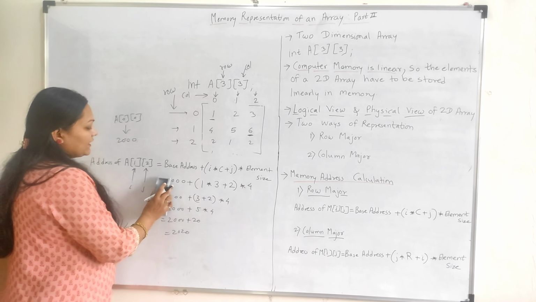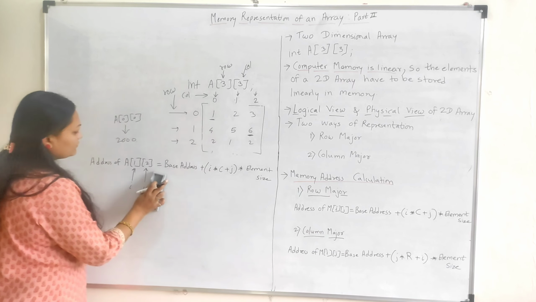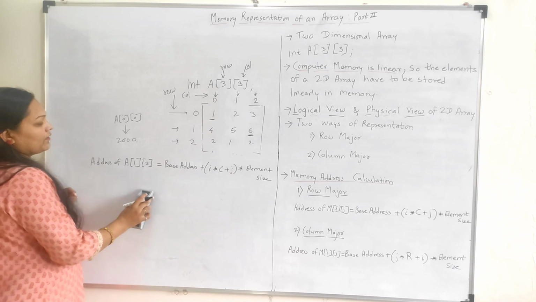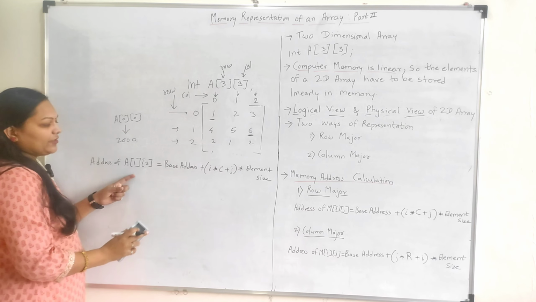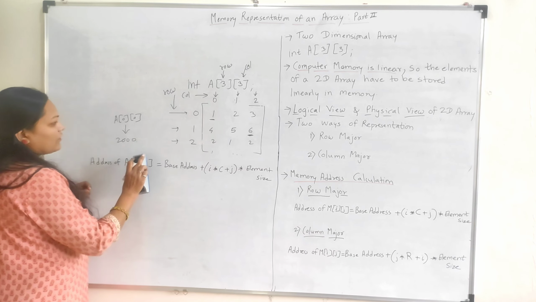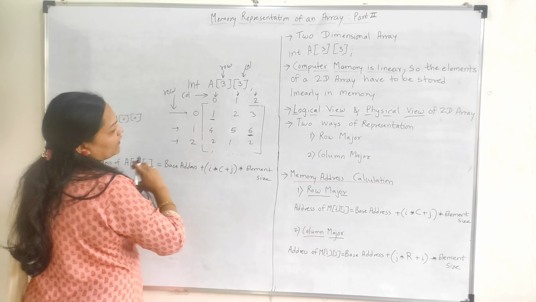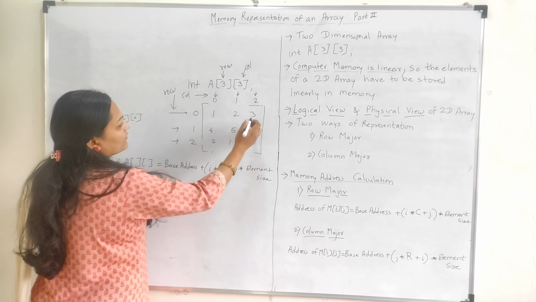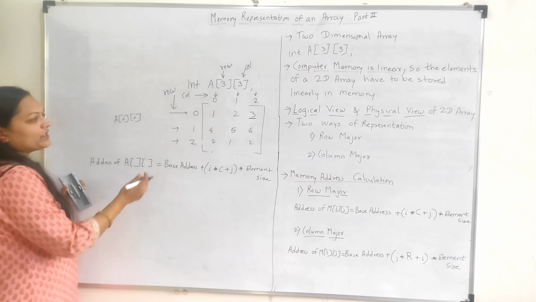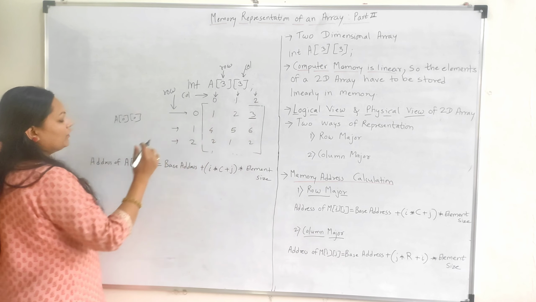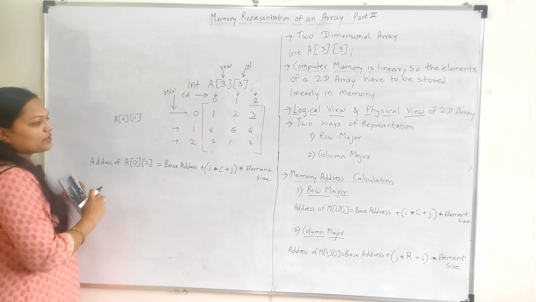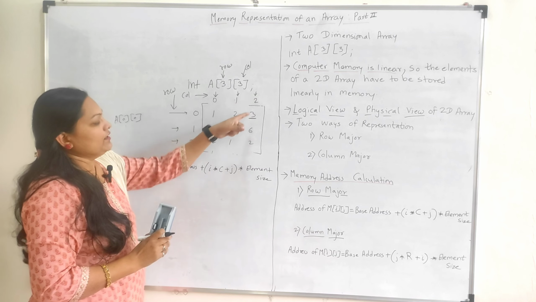So let's see the example for the same. Consider we need to calculate the address of this element. So what is the index of it? 0 2. 0 2, that is the index for this.